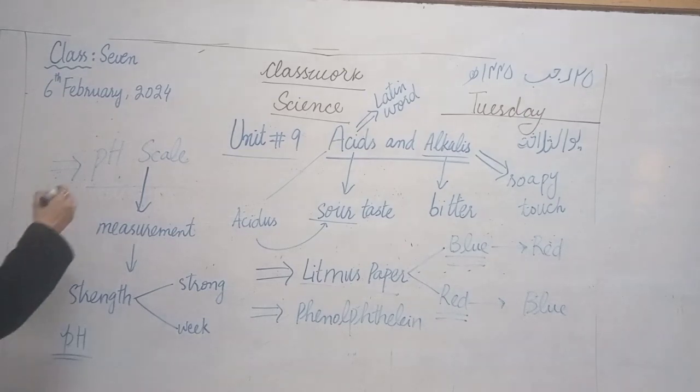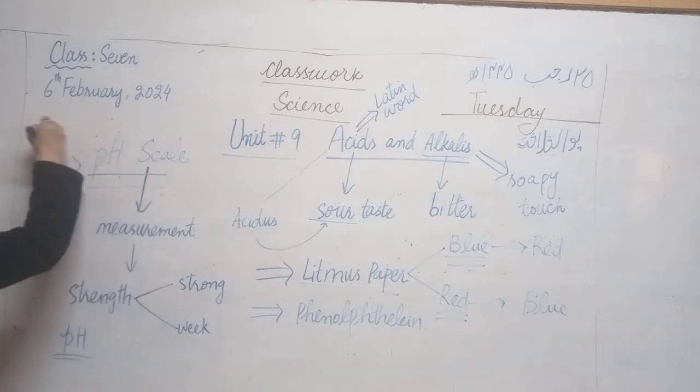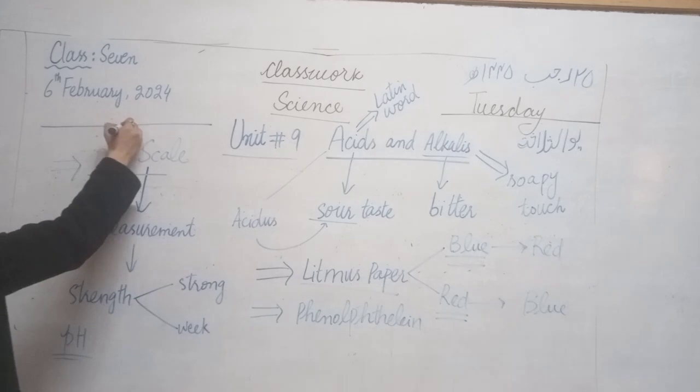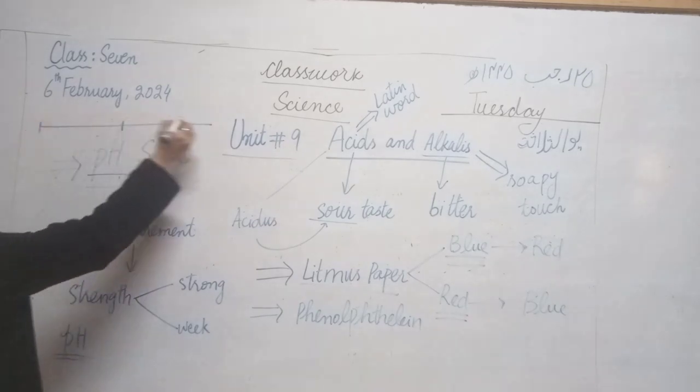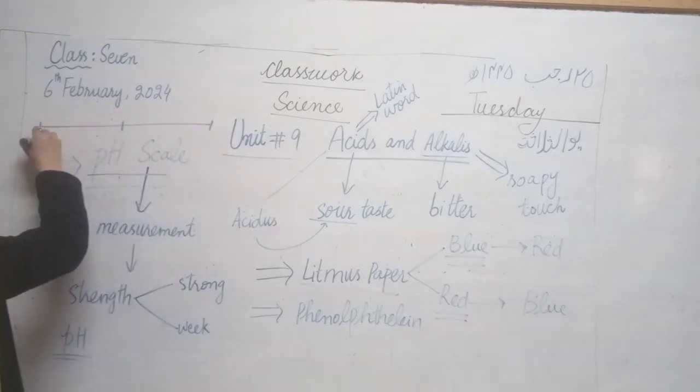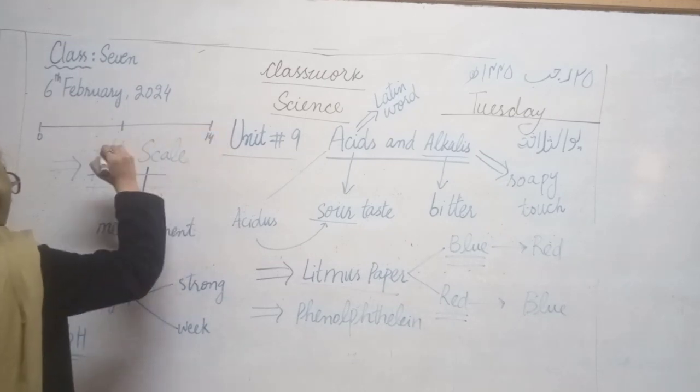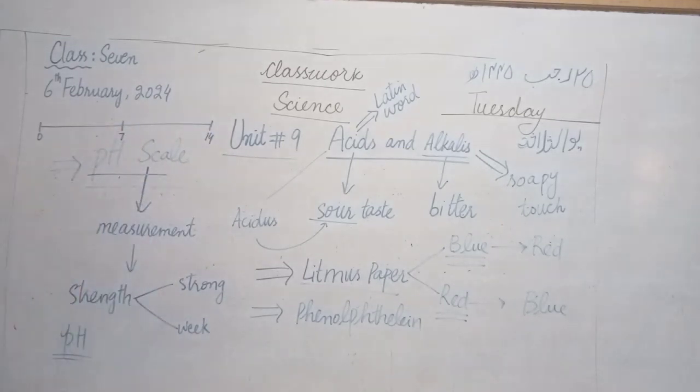However, you know that the pH scale has particular values, starting from 0 to 14, and 7 is in the middle, that is for neutral.